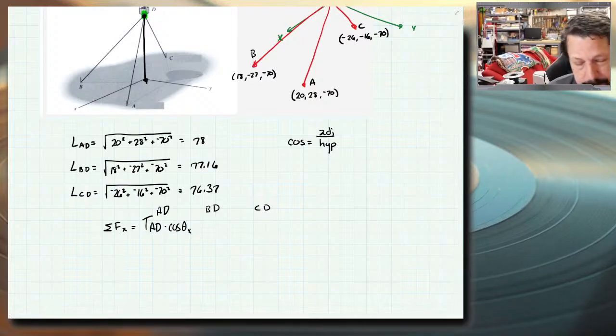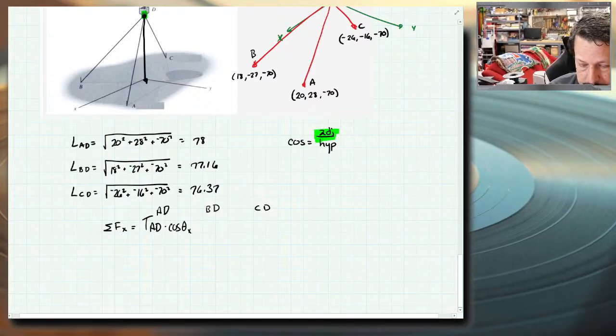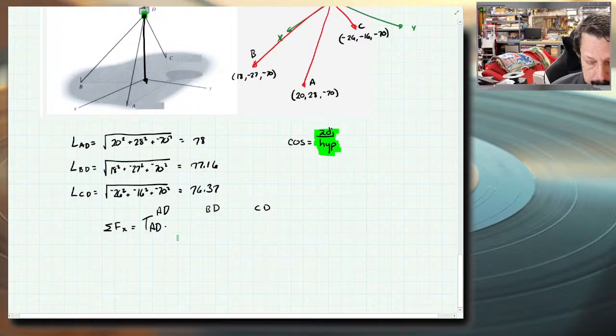Instead of figuring out the actual angle theta and then plugging that into our calculator to get the cosine, we're going to use the definition that cosine is the adjacent over the hypotenuse. So instead of even worrying with the angle, we're just going to say, oh, well, it's the adjacent side, which for AD is 20, it has an x coordinate of 20, and the hypotenuse of 78.